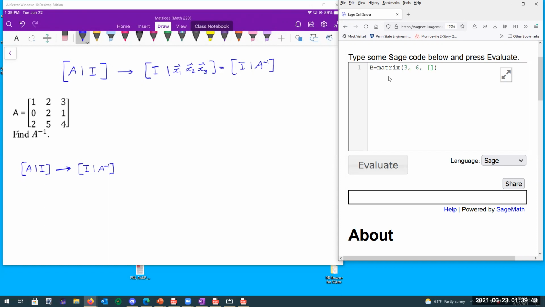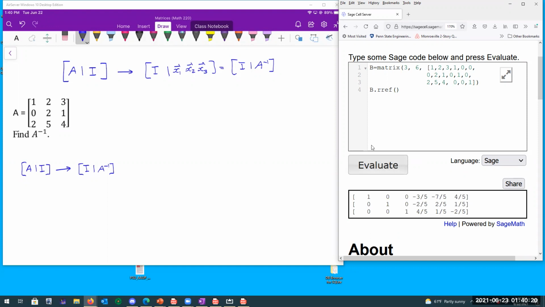We're going to write in our entries 1, 2, 3, then our augment 1, 0, 0, then 0, 2, 1, then our augment 0, 1, 0, and 2, 5, 4, then our augment 0, 0, 1. Next, we're going to ask for the reduced row echelon form of this matrix.